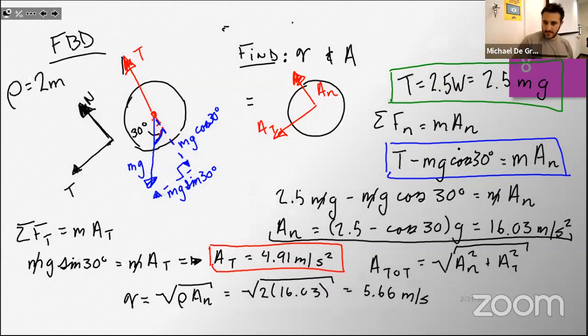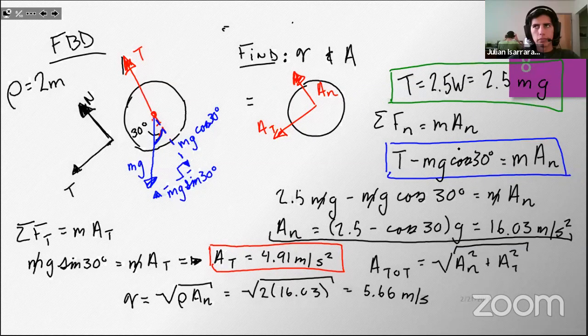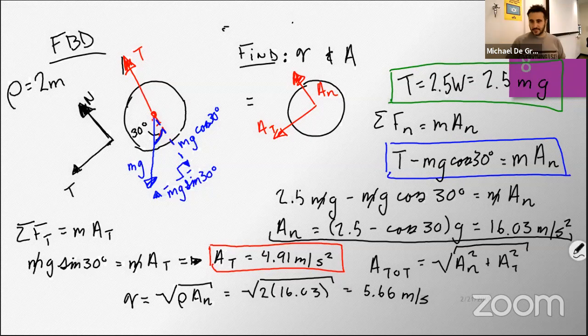Now, is that velocity positive or is it negative? And how would we know? What do you guys think? Gut feeling. Let's do it this way. In the chat, write if you think that it's positive or if you think that it's negative. You got a positive.